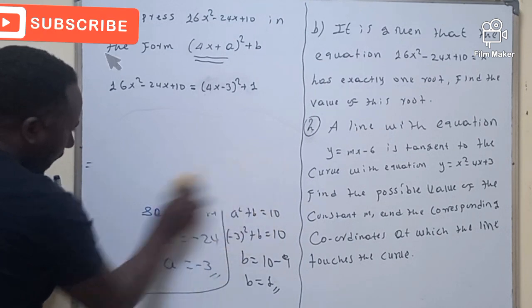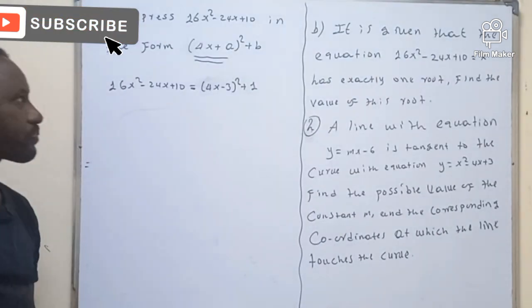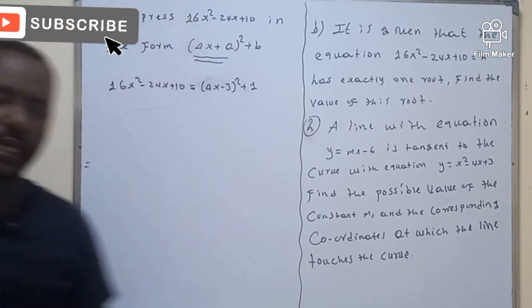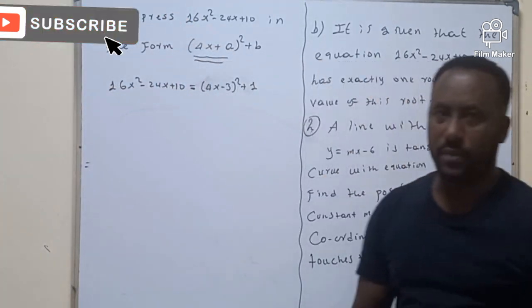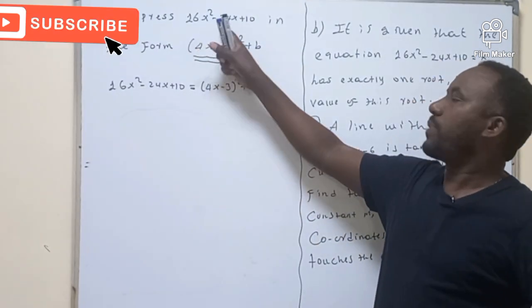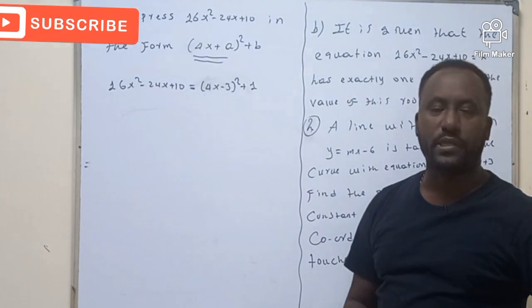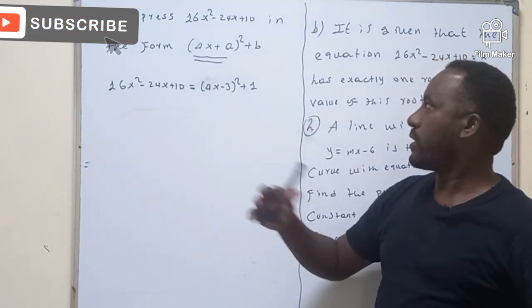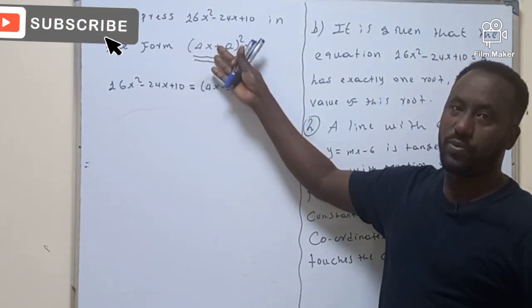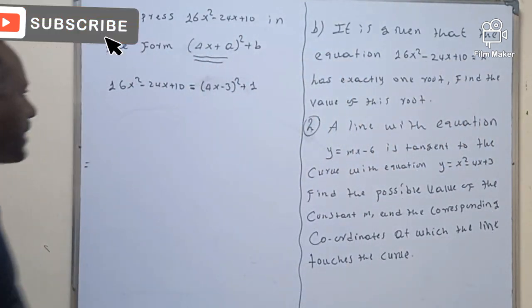So generally, in any mathematical problem, this is not the only method. Whenever we do problems like this, if you are asked to express any quadratic expression in this form, the first way is to expand this problem, then equalize and you can have the result. That's the way.